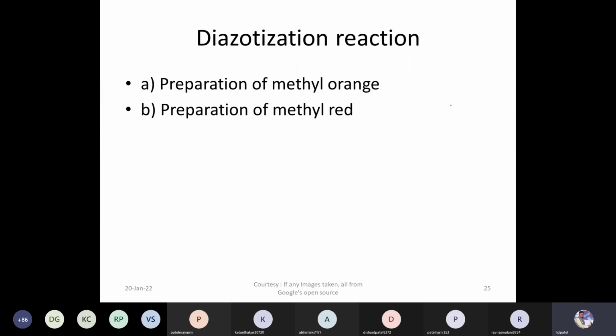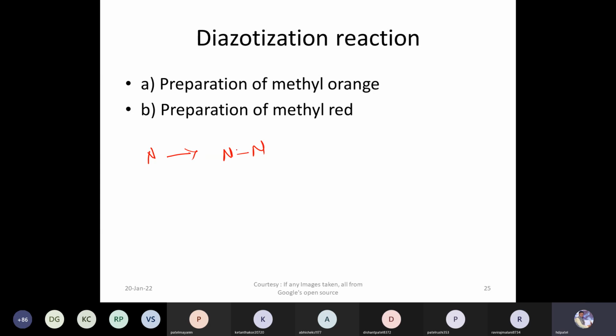Now next one is preparation of methyl orange and methyl red. This reaction is known as diazotization. Diazotization means what? Aza means one nitrogen and diaza means NN.